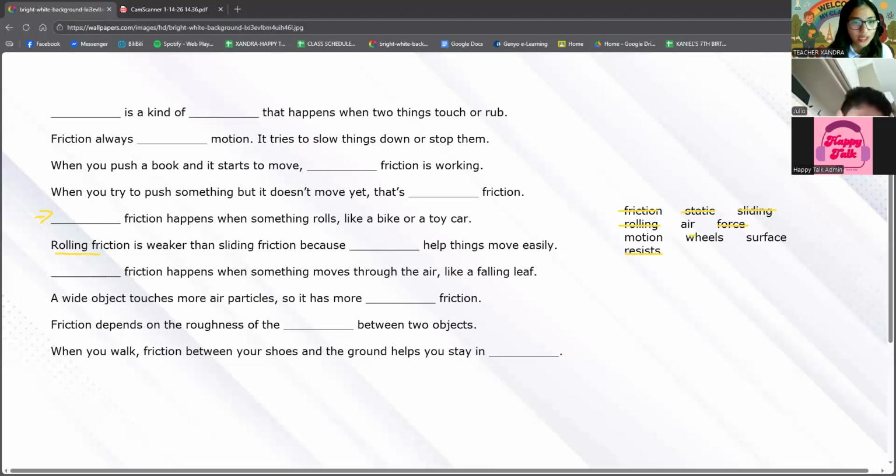Wheels. Okay, wheels. Next one: friction happens when something moves through the air, like a falling leaf. It has a clue word. Air friction. A wide object touches more air particles, so it has more.